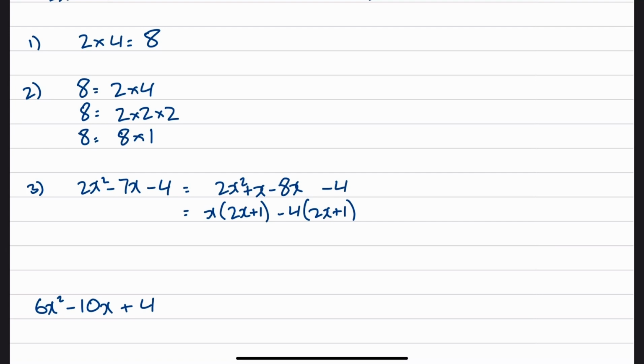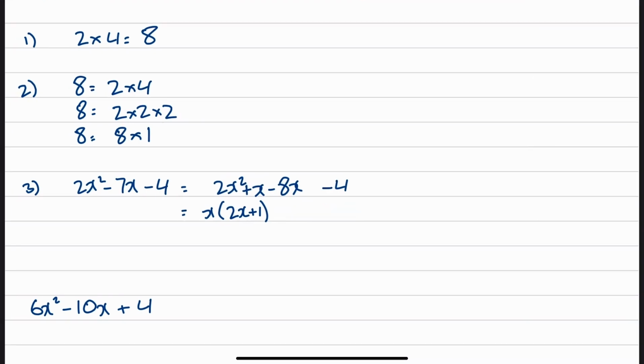Now note that I could have also factored out a positive 4 from here, in which case I would have been left with a minus 2x and minus 1 inside the bracket. And while these two brackets are similar, the signs are different, so I won't be able to factorize this bracket out.